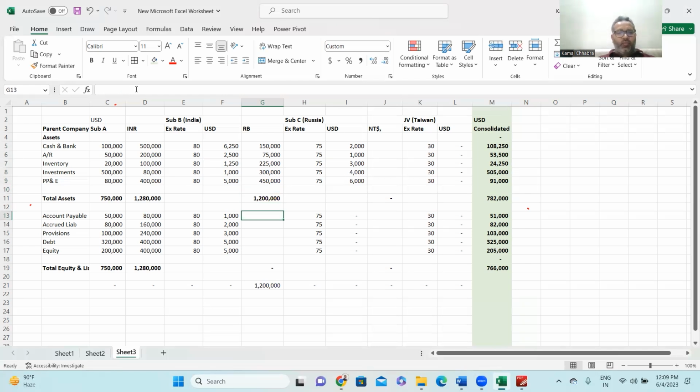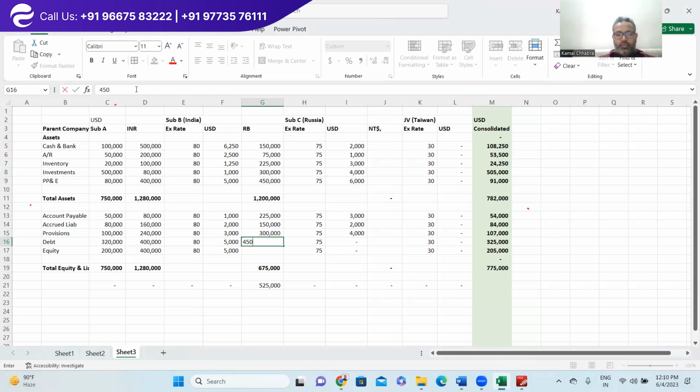Let's assume you have 225,000 here, 150,000 here, 300,000 here, and let's assume you have 450,000 here, and then you have equity of 70. Right, let's assume this is your number.